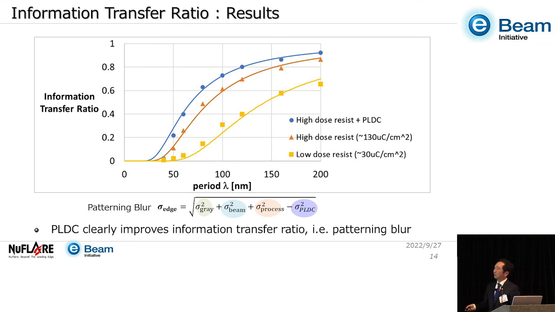But for the low sensitivity resist, high dose resist case, about 130 microcoulomb per square centimeter, the process blur actually gets smaller, so you can clearly detect the improvement by PLDC from this red curve to the blue curve.